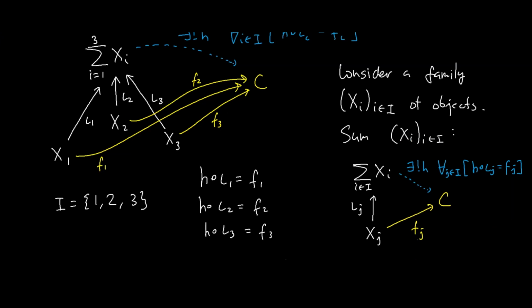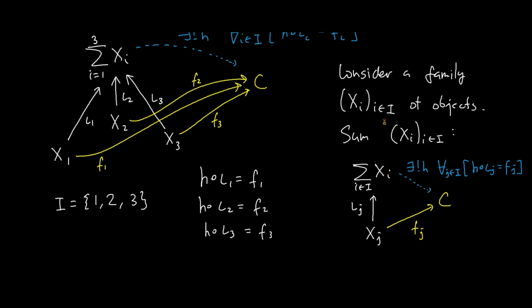Oh, you see. I only drew, like in the previous diagram, we have 3 of them, right? So imagine I had only drawn one of them to represent all 3. That's why I put the J here. Because I don't know how many there are, because now I is an abstract set. So I can't really draw them. But I'm drawing just one representative. I actually want to have many of them, as many as there are elements in I. So that was a good question that you asked there.